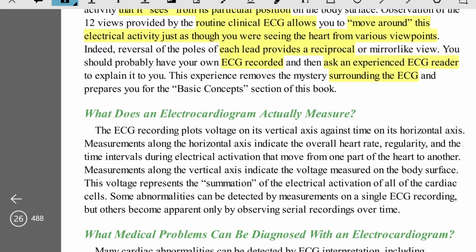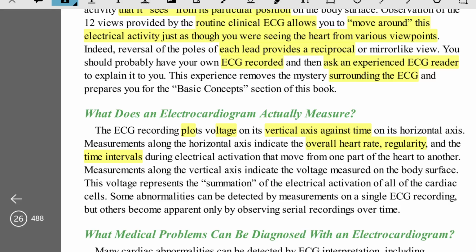Okay. So what does an electrocardiogram actually measure? The ECG recording plots the voltages on its vertical axis against time on its horizontal axis. The measurements along the horizontal axis indicate the overall heart rate, regularity, and time intervals during electrical activation that moves from one part of the heart to another.